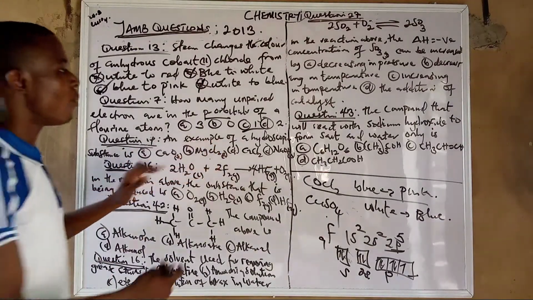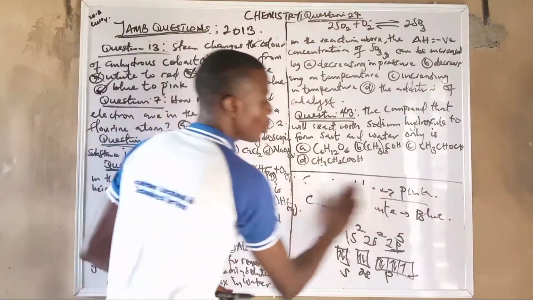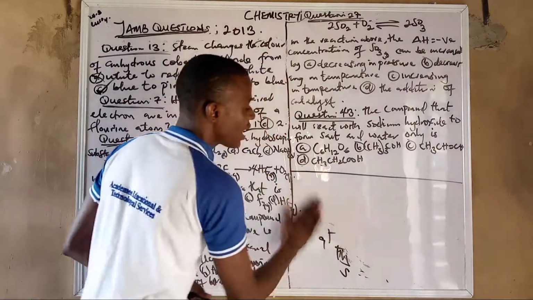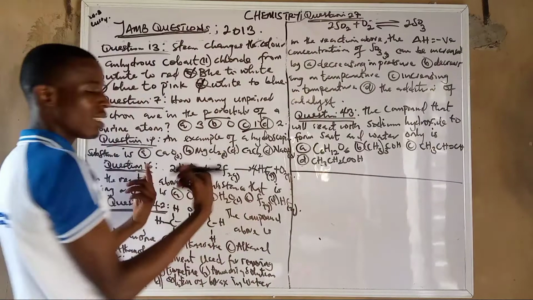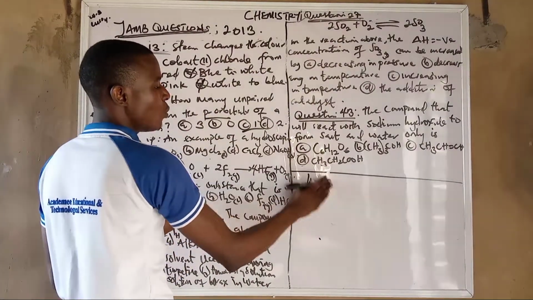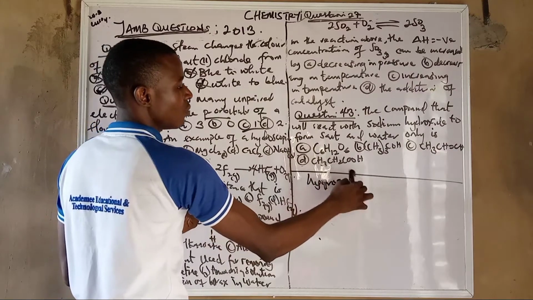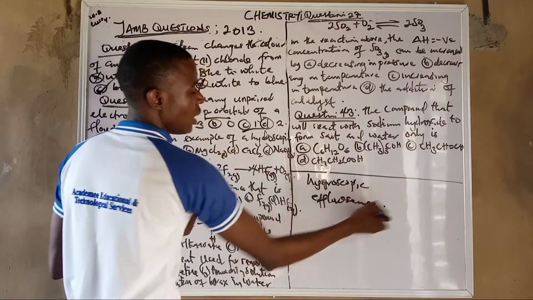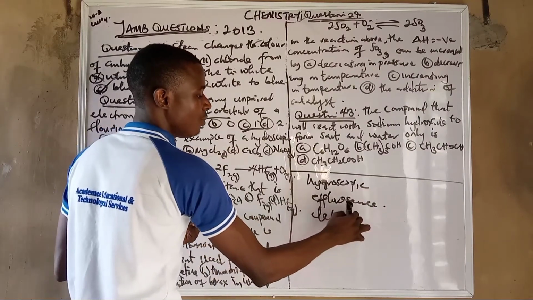An example of a hygroscopic substance. Hygroscopic, this one is under acid, base, and salt, and under characteristics of salt. We have common characteristics of salts: hygroscopy, efflorescence, and deliquescence.